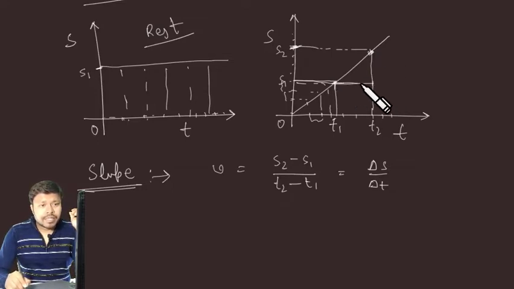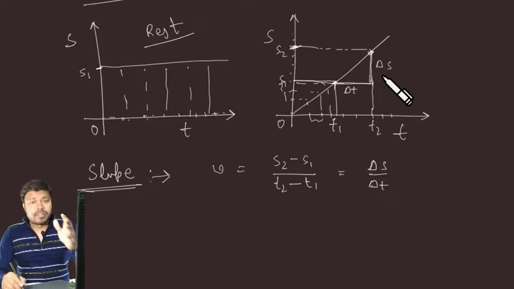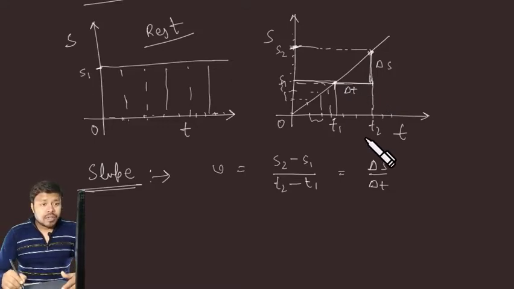If we extend this horizontal line, then it forms a triangle whose this side is my del S and this side is my del T. This is the difference in the displacement, and this is the interval of the time. Now del S del T means del S divided by del T.